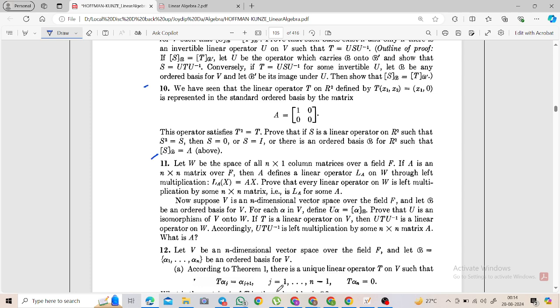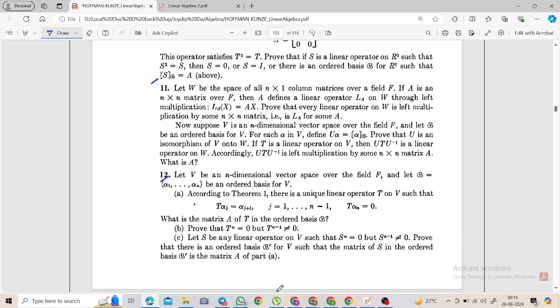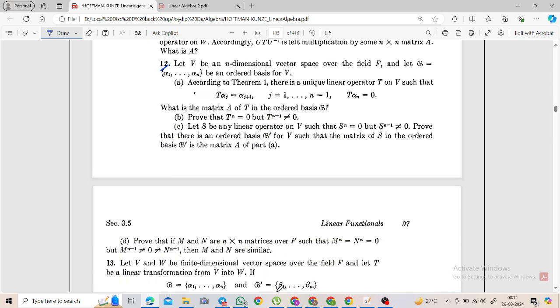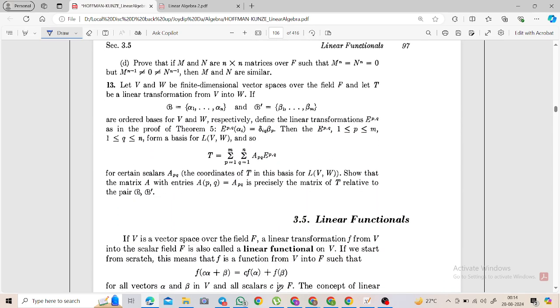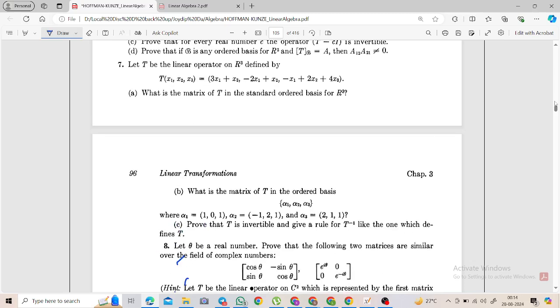Number 10, 11, 12, these we will of course discuss in the next class. 13, yes, this will be discussed in the next class, but at least you should try. Don't think that since these are going to be discussed in the next class, let's not try. Complete the exercise.